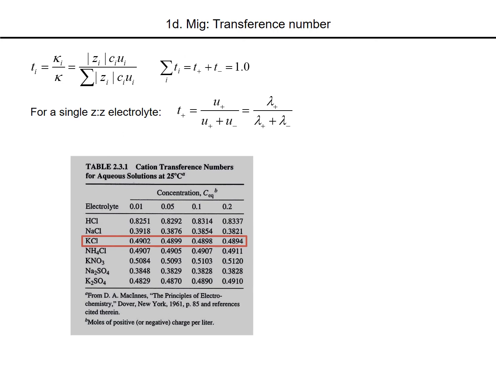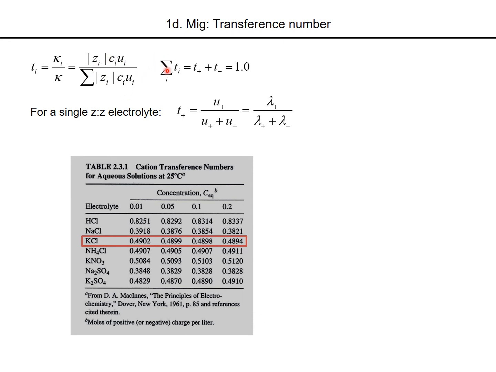Here is another property of electrolyte, that is the transference number. Transference number t of species i is the conductivity of species i per overall conductivity. The conductivity can be described by the mobility with charge concentration. Then the denominator is the summation of those things.